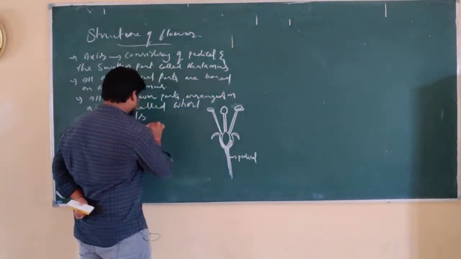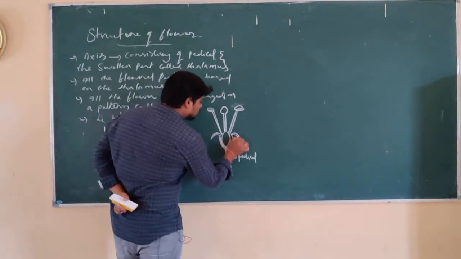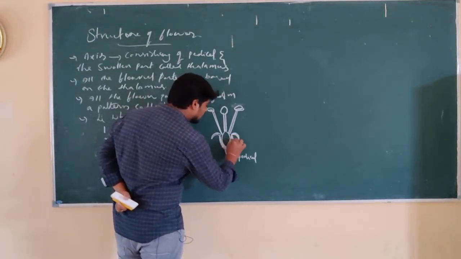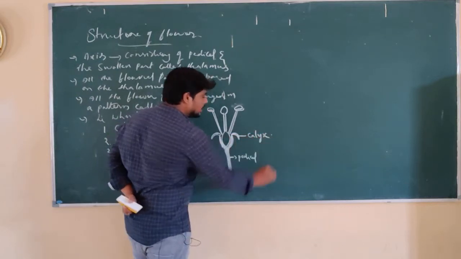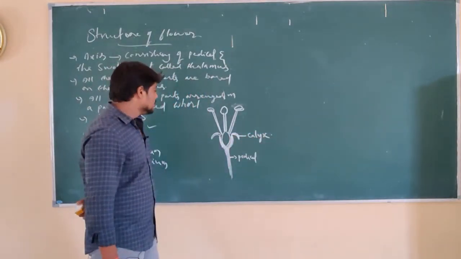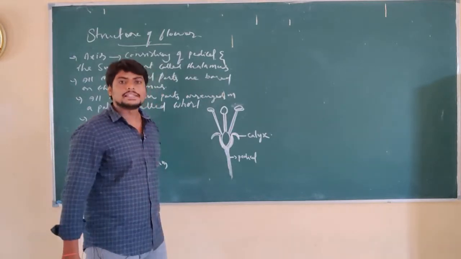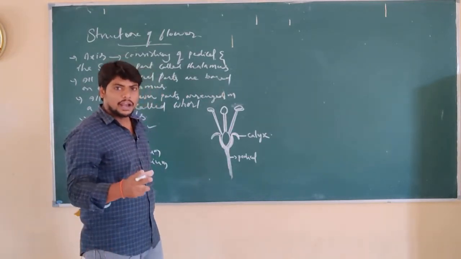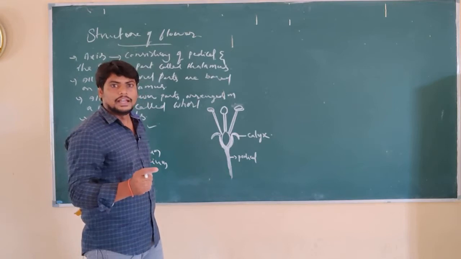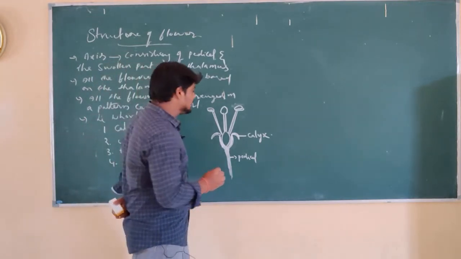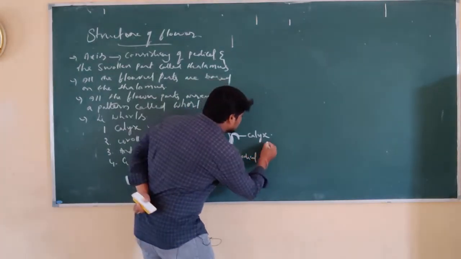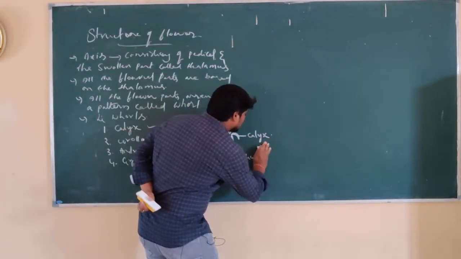What are the four whorls of the flower? Number one, calyx. The outermost whorl of the flower is called the calyx. A single unit of the whorl is called a sepal.